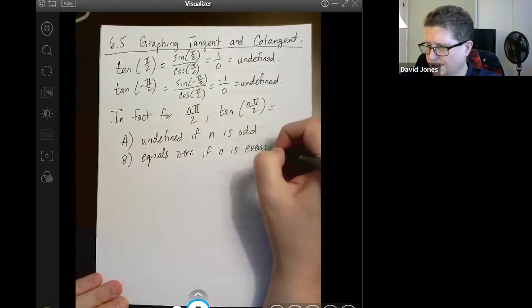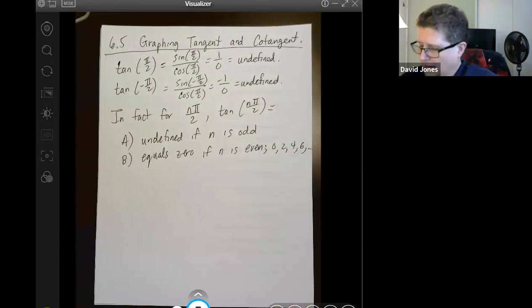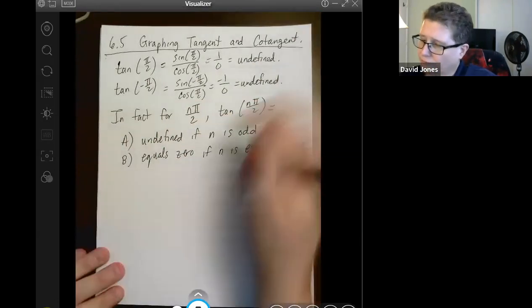And that includes 0. And obviously here n is an integer.